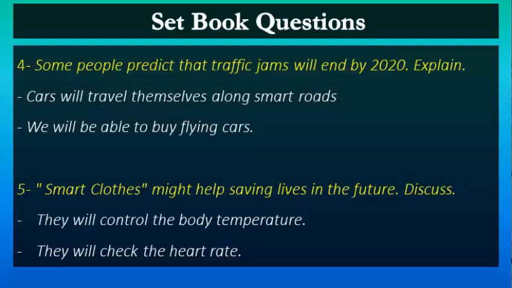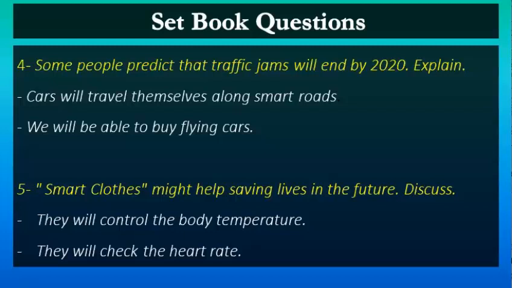So they mean in the near future, we will have an end to traffic jams. Cars will travel themselves along smart roads. We will be able to buy flying cars. So we have two things that scientists predict about traffic jams in the future.